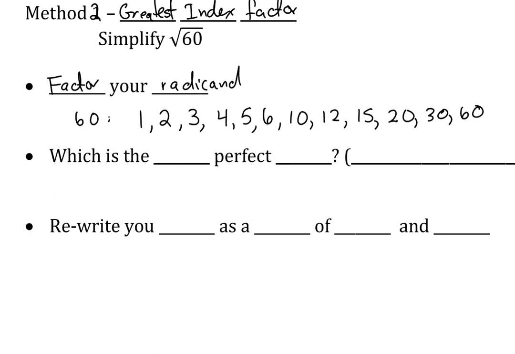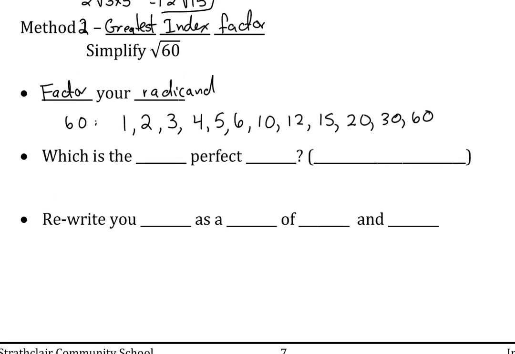But the question that we need to look at, we look through these and we say, which is the greatest perfect square? And we're using square because our index was 2.